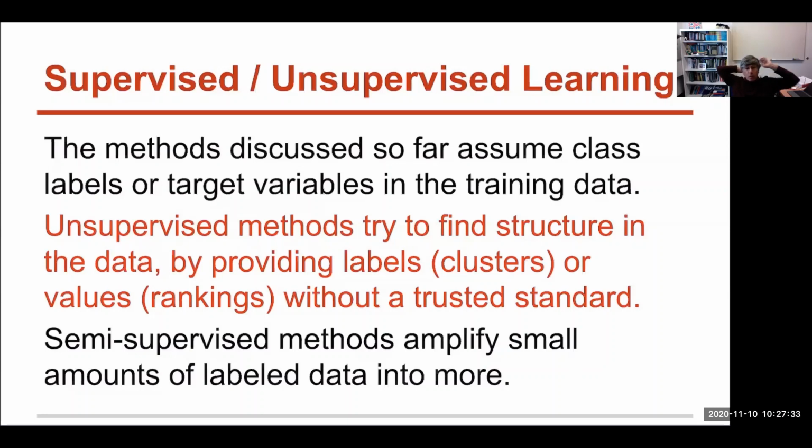In a lot of cases, we will have data that can be represented as a network or as points in space, and we don't necessarily have labels. Methods that try in an unsupervised way to find structure in the data are very powerful.